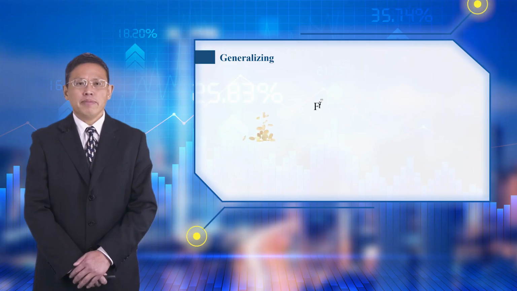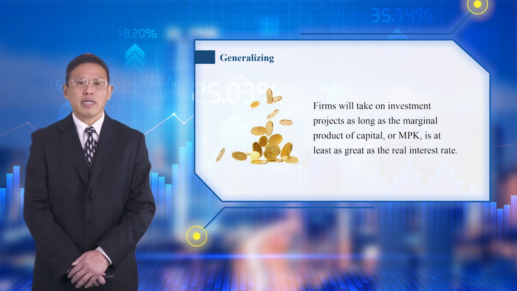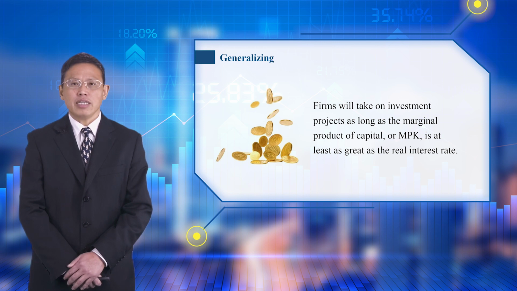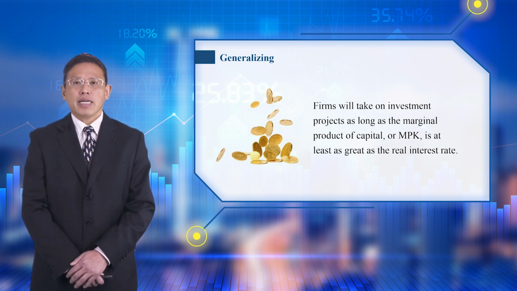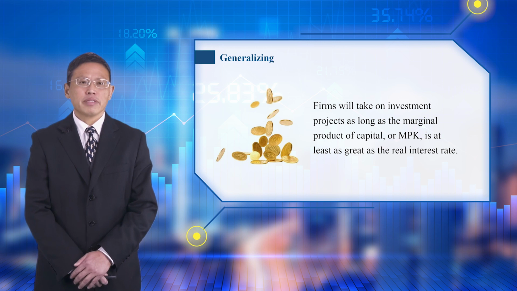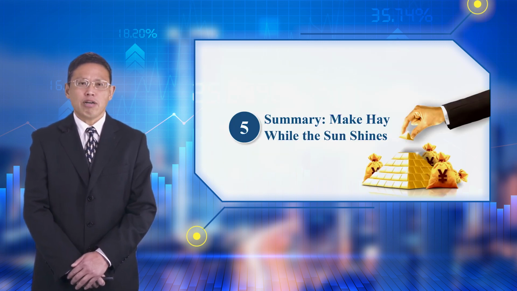Firms will take on investment projects as long as the marginal product of capital, delta Q divided by delta K, or MPK, is at least as great as the real interest rate. Marginal product of capital is at least as great as the world real interest rate.